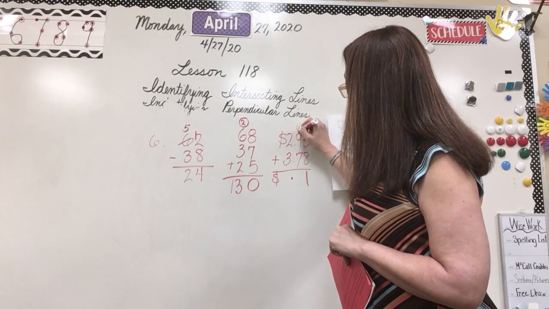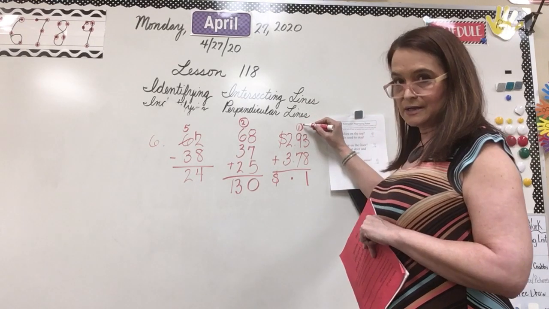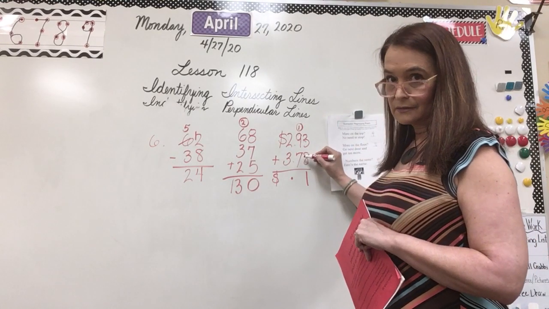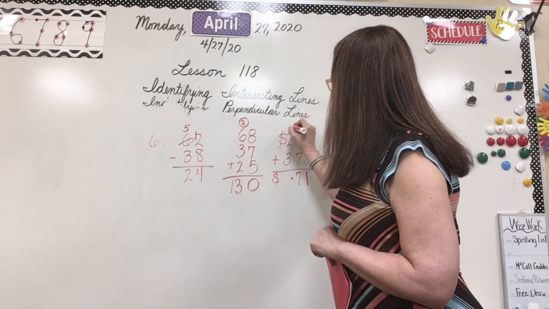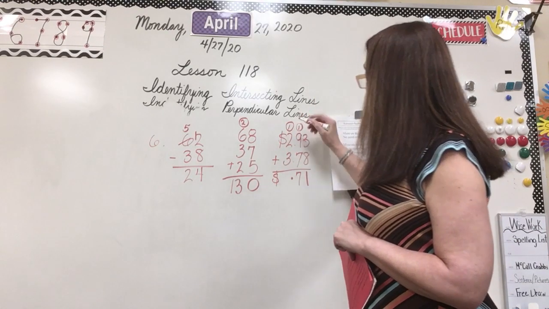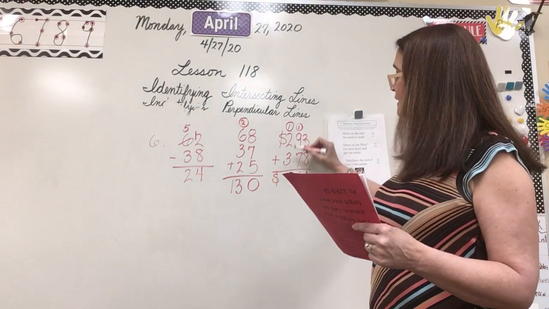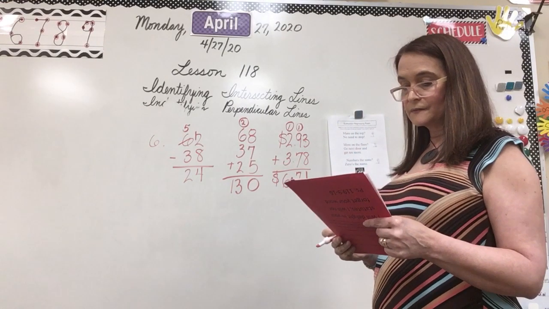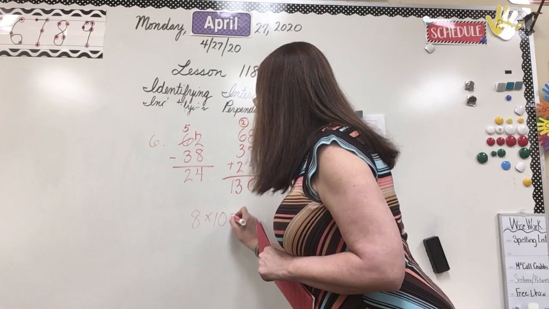Carry that 1, circle here so I know to add. 9 plus 1 is 10. Plus 7, 17, you're right. 7 down. Carry that 1, don't forget it. 1 plus 2 is 3. 3 plus 3 is 6. There's your answer.